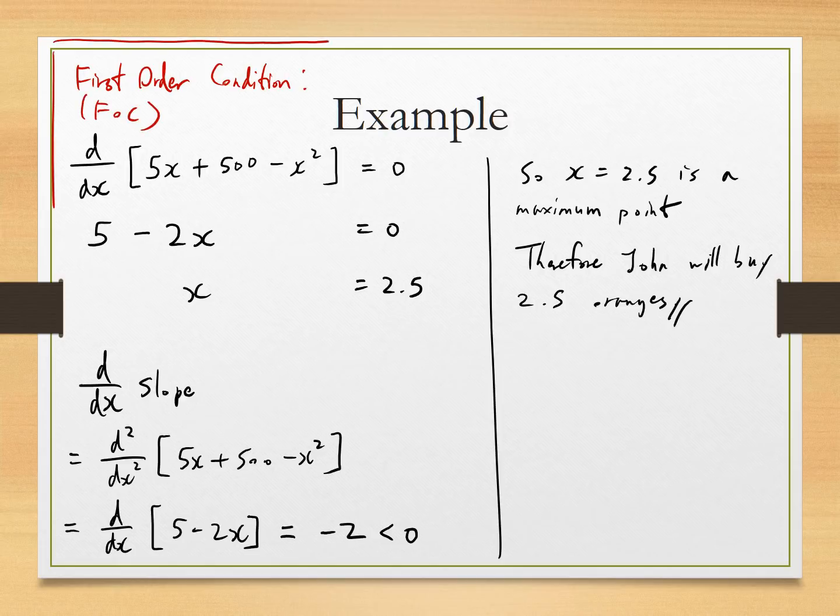So this process, taking the derivative and setting to 0. The second part involves taking the derivative of the slope, and that's usually called the second order condition. These are just names.